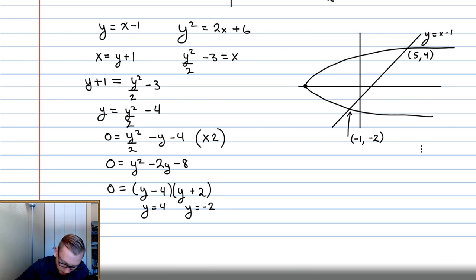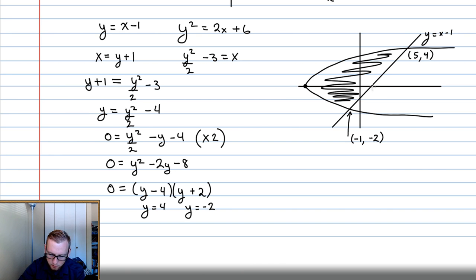We want the area between these two curves. So this region, we're going to do it with y values this time. If we did it with x values, it might be a little bit complicated because this point here and this point here split it up awkwardly.